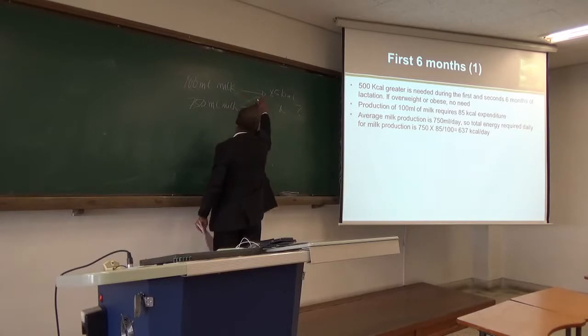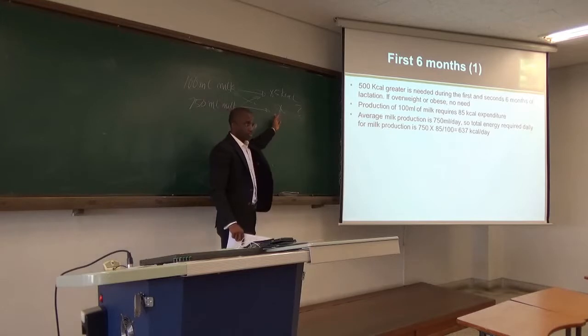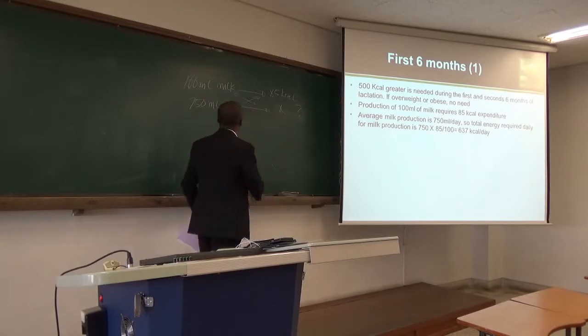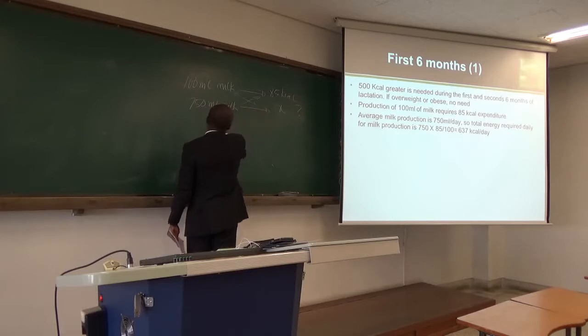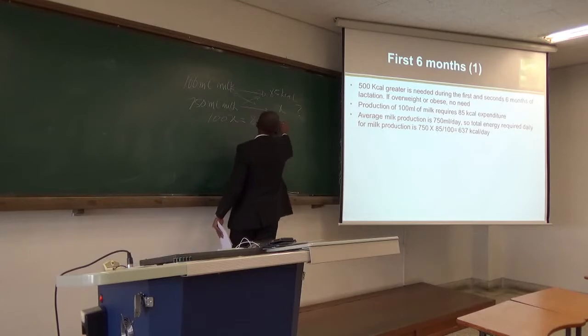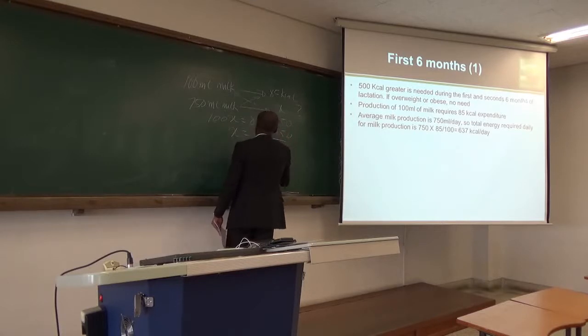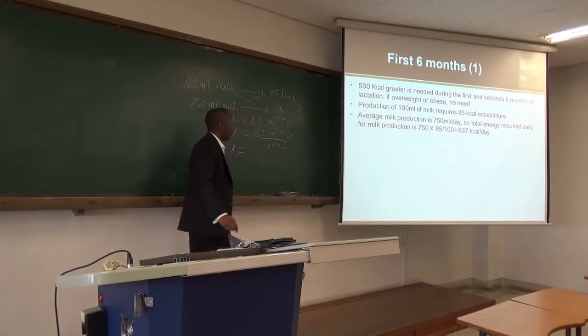You guys studied this in high school, right? So we want to know X. It's basically 100X gives you 85 by 750. So X will give you 85 by 750 divided by 100. And then the answer is what?